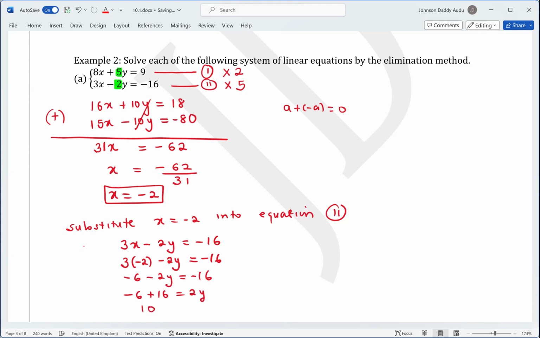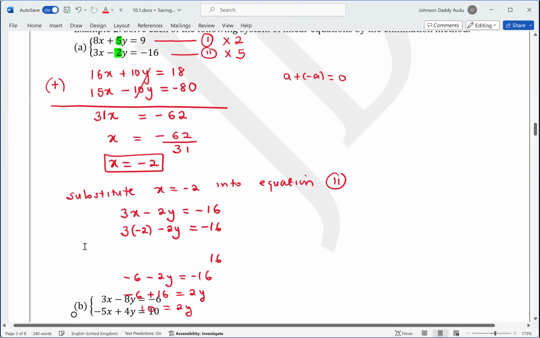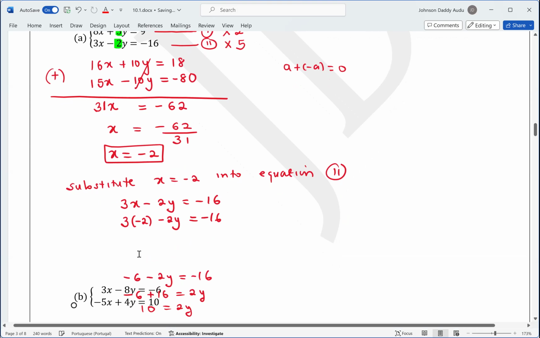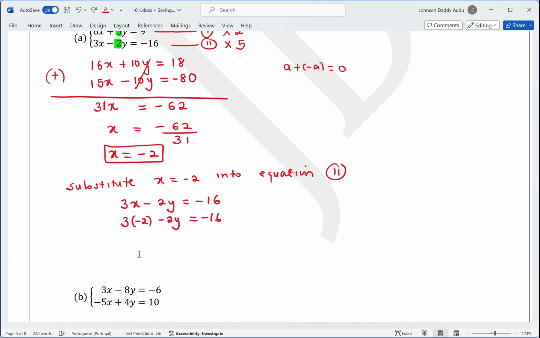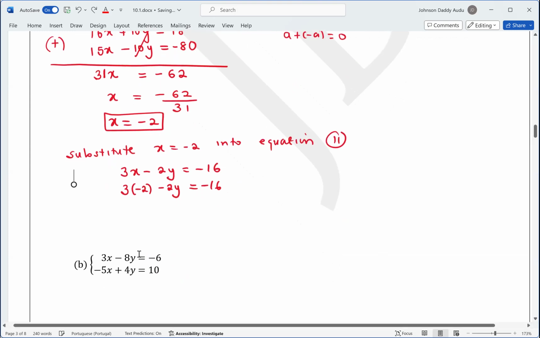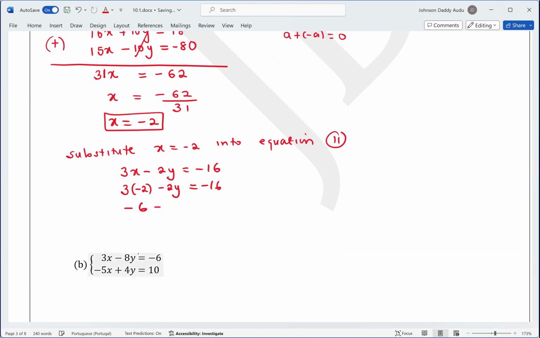And this will give us 10 equals 2y. And this means that y has to be equal to 5.